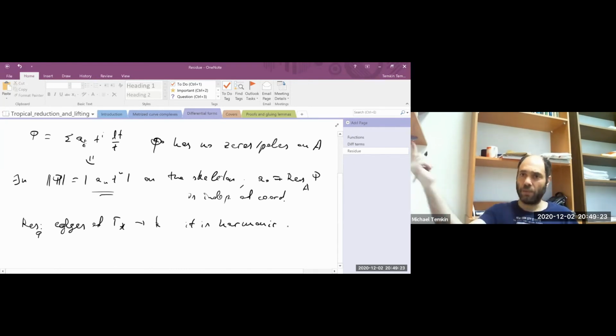Yeah, a condition like the sum of all residues is 0. For any point x of type 2, the sum over branches E of x of the residues in the direction of E of phi equals 0.